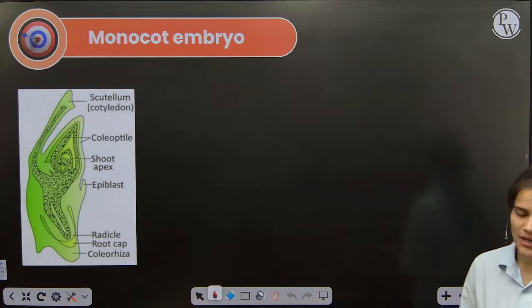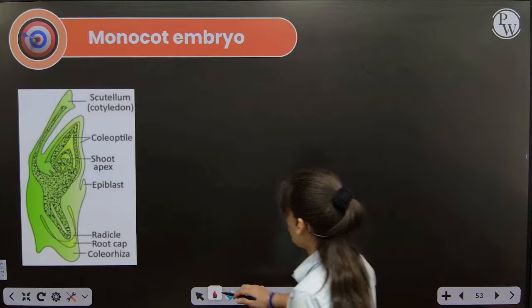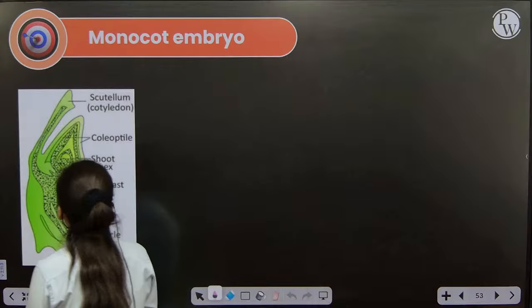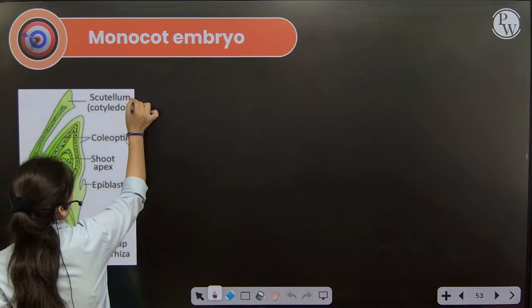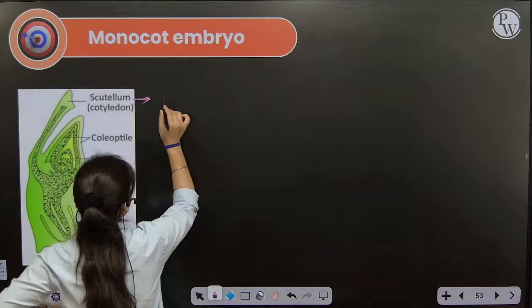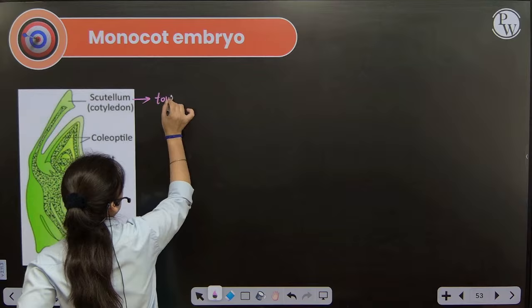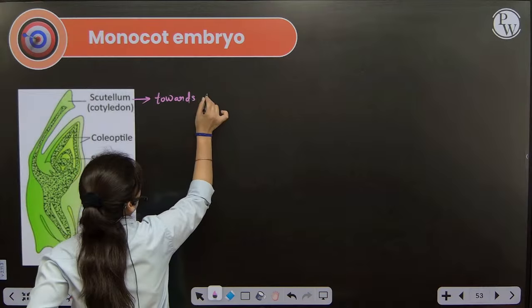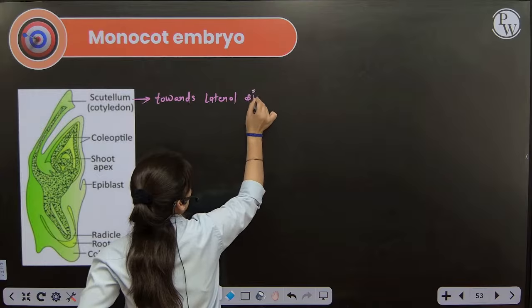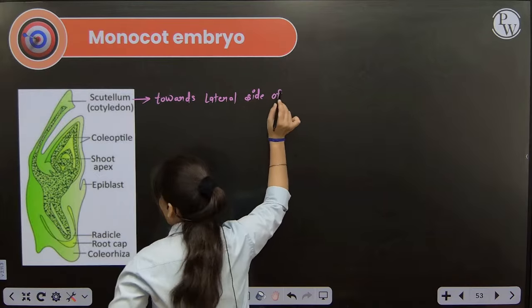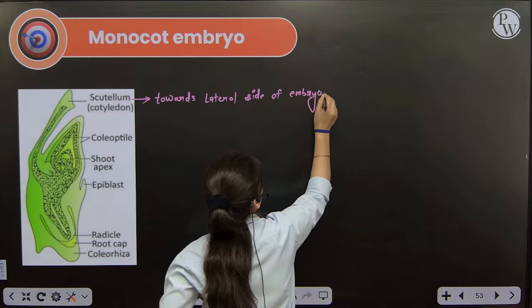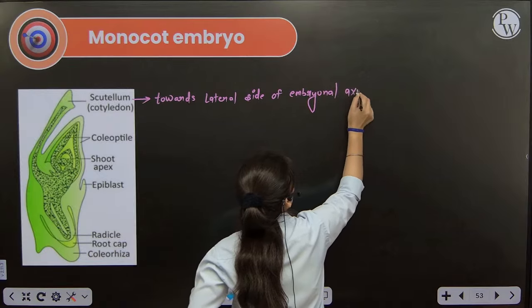Now, monocot embryo. In case of monocots, they have only one cotyledon, which is known as scutellum. Scutellum is present towards the lateral side of the embryonal axis.